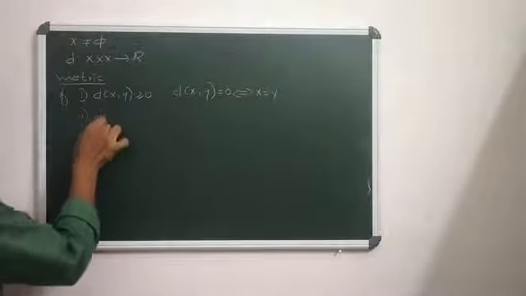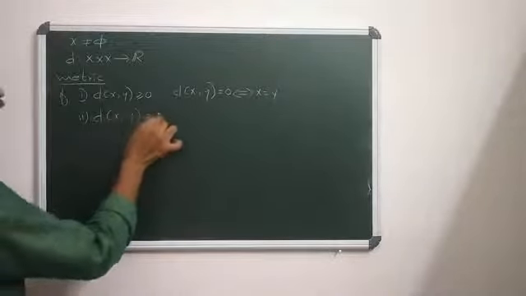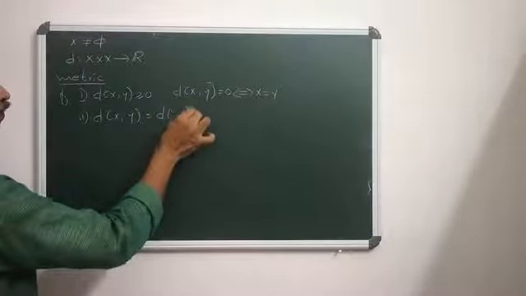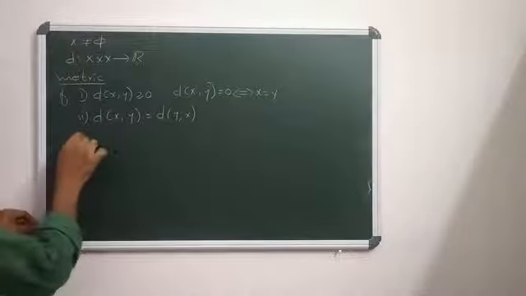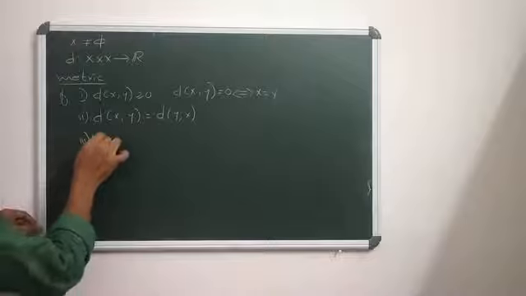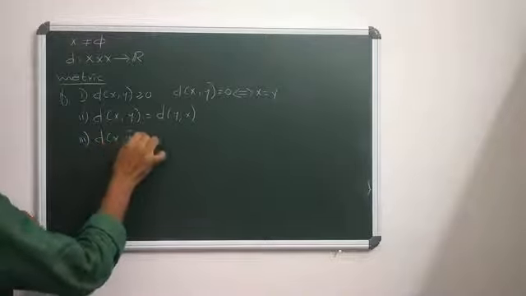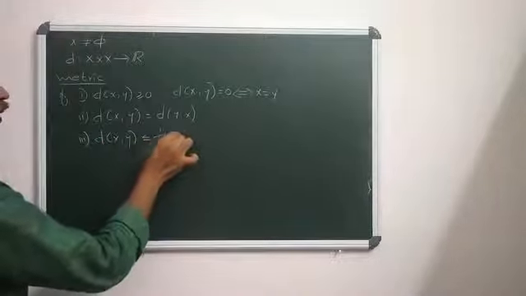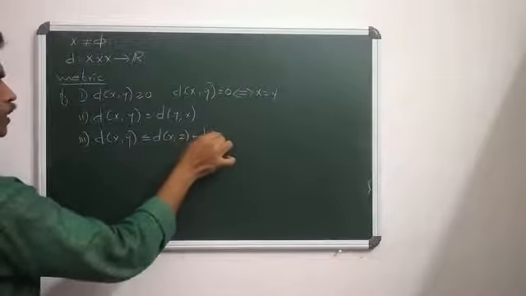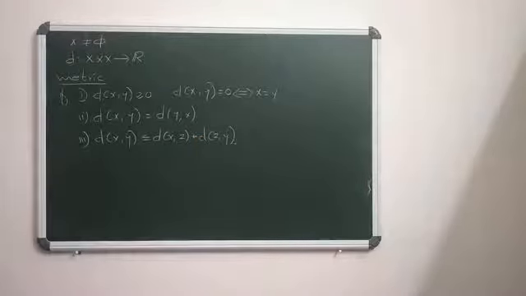Also, it is symmetric, means d(x,y) is the same as d(y,x). And d has the triangle inequality, means d(x,y) is less than or equal to d(x,z) plus d(z,y). So if any function d satisfies these properties, that d is said to be a metric on R.